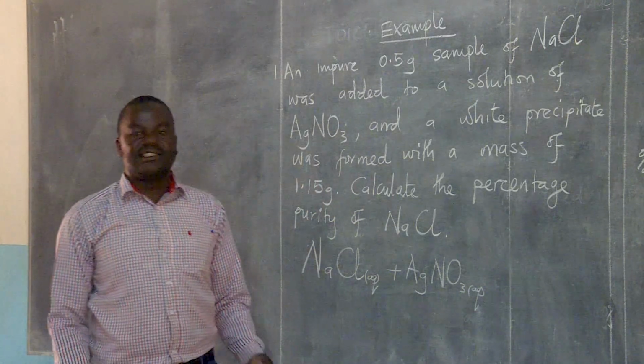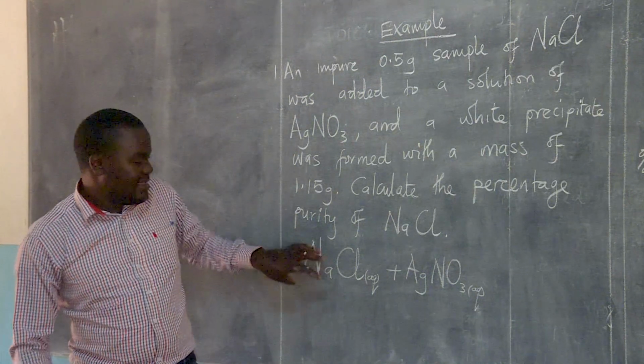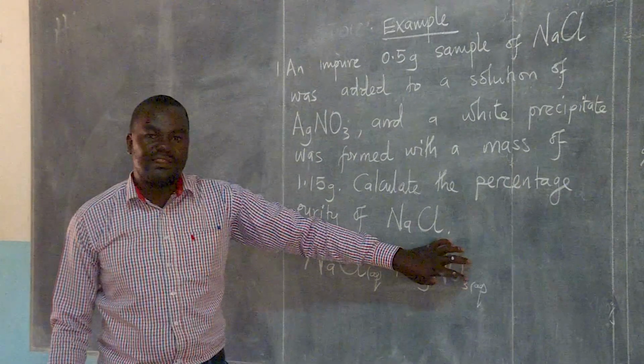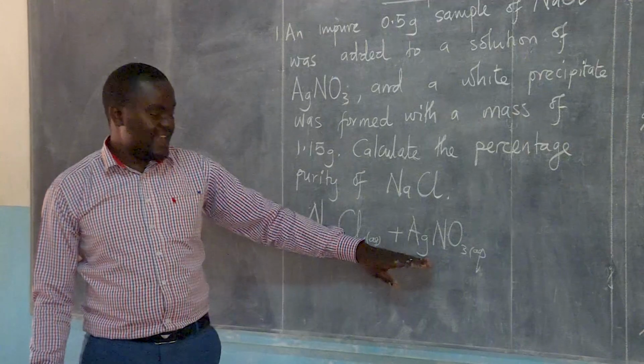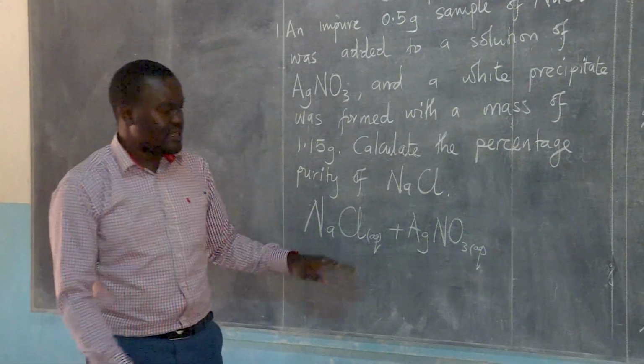So what will happen here is that there will be an exchange of ions. The positive ions from this compound are going with the negative ions from that compound. Are we together? Then the positive ions will also go with the negative ions.